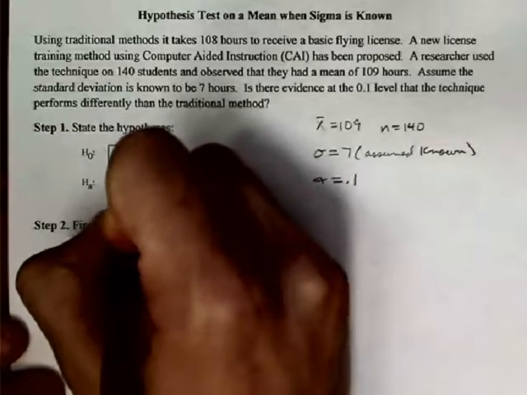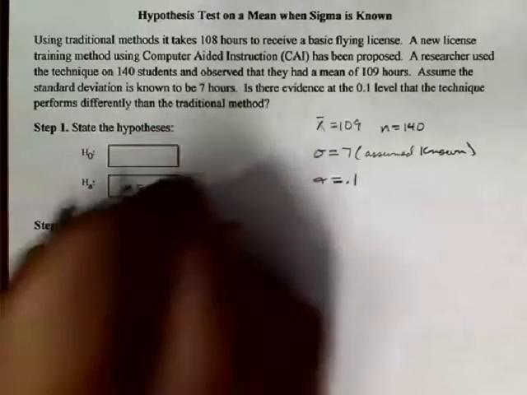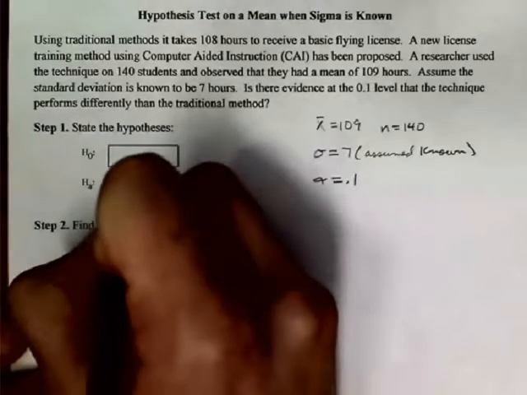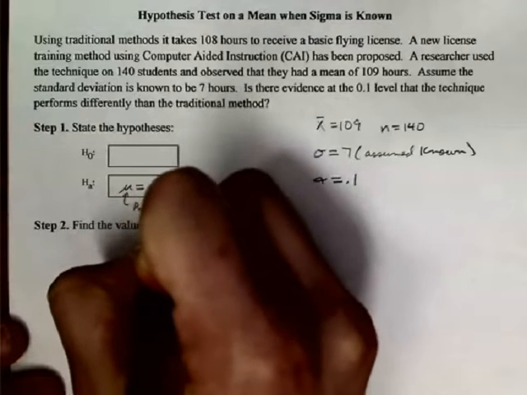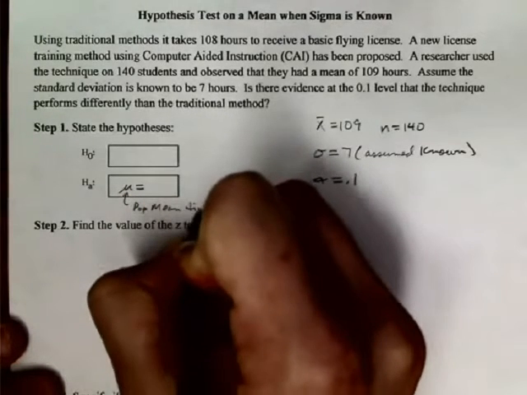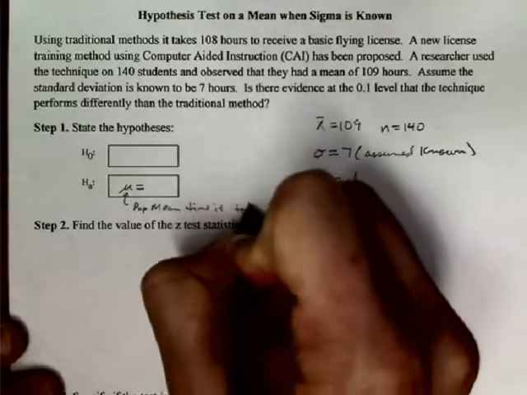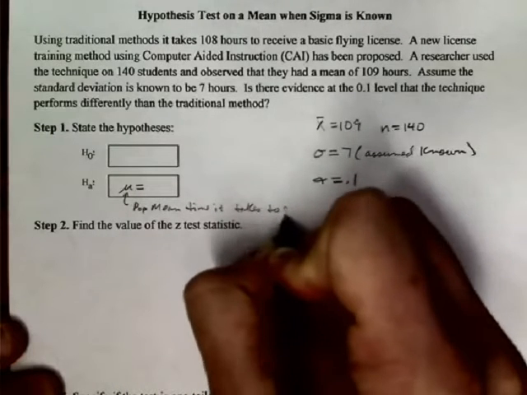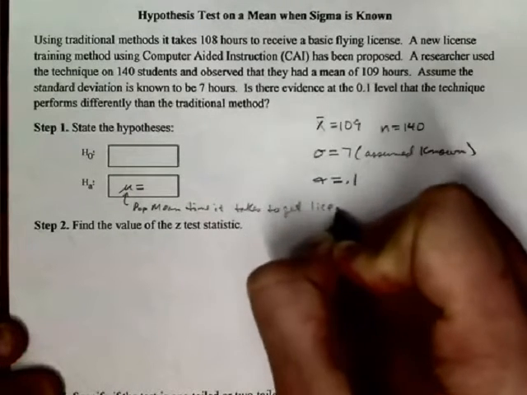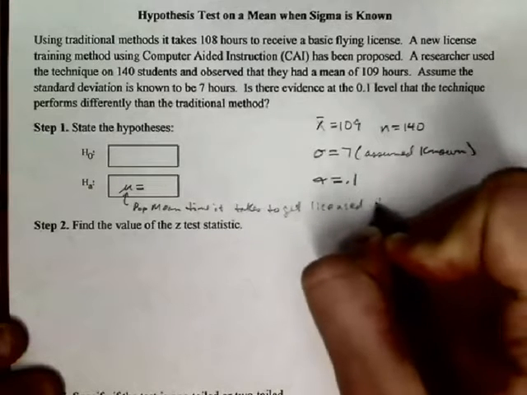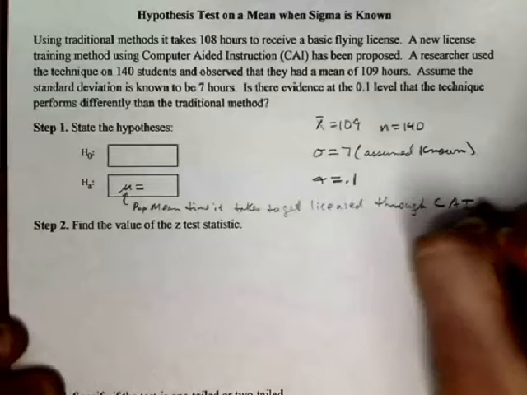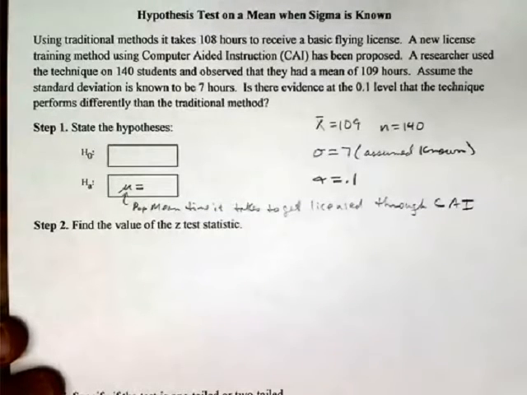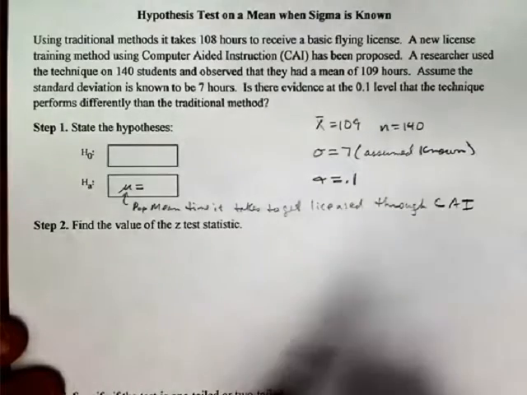In other words, is there evidence to think that mu, the population mean time it takes to get licensed through this computer-aided instruction technique, is different?